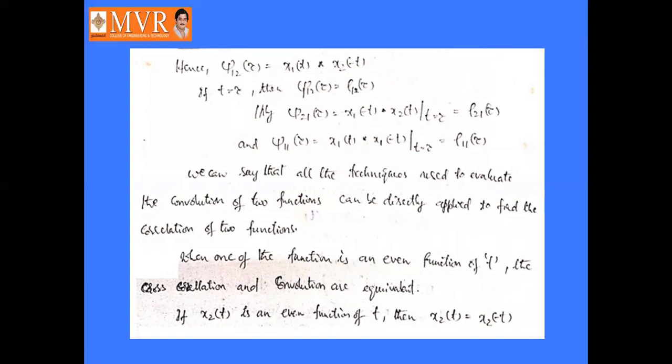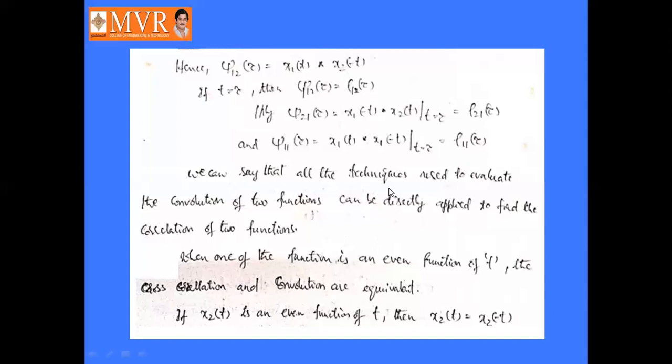Similarly, J21 of tau is equal to x1 of minus t convolved with x2 of t at t equal to tau. It is rho21 of tau. And J11 of tau is equal to x1 of t convolved with x1 of minus t at t equal to tau. So J11 of tau equals rho11 of tau.